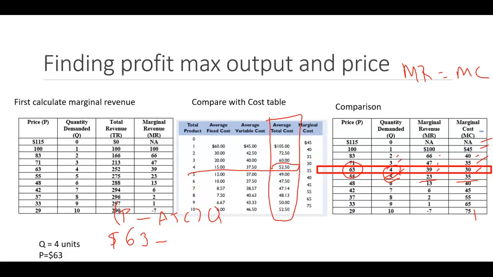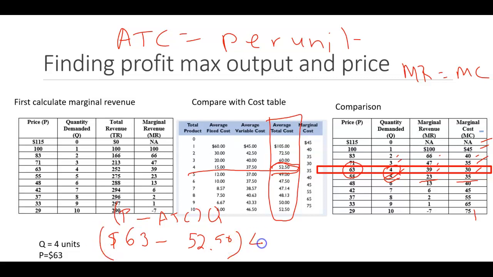Remember, average total cost, ATC, is the same as per unit cost. So per unit it's costing me $52.50 to produce. And I am producing 4 units. So what is the answer to that?